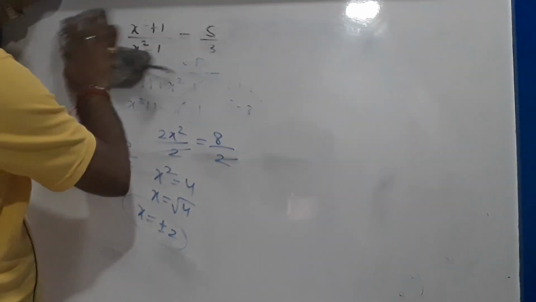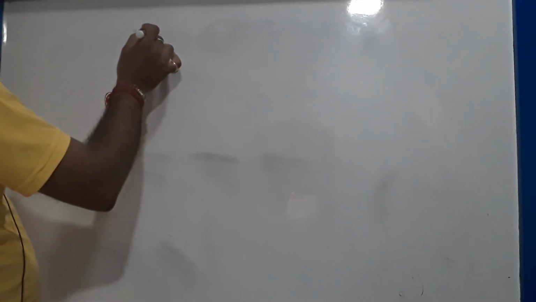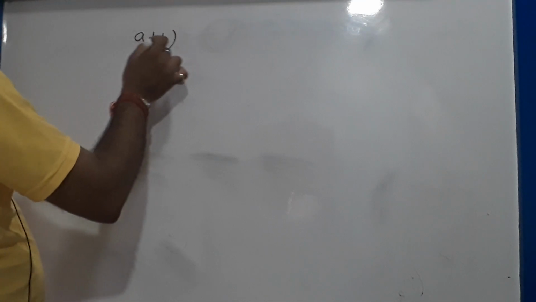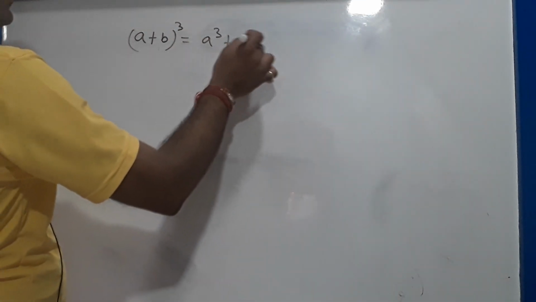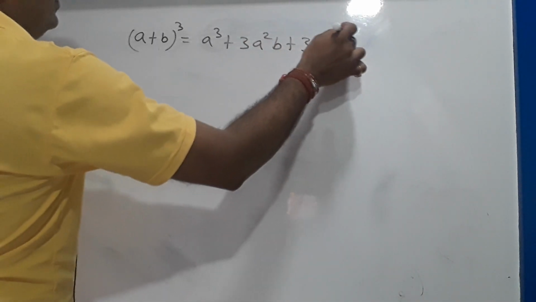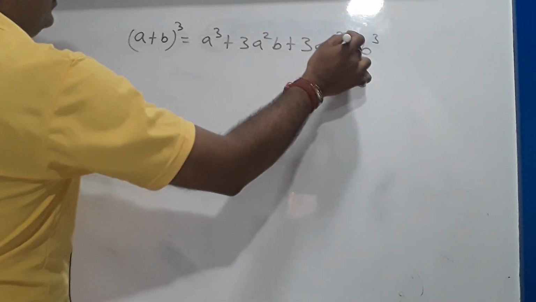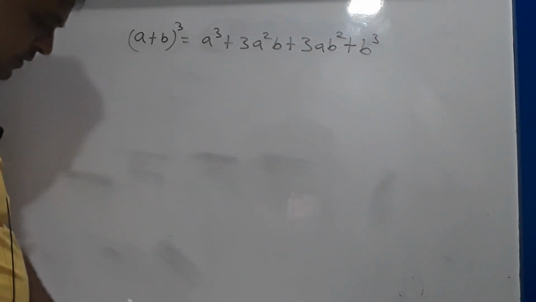Remember those results, formulas which we are going to come across. a plus b whole cube will be a cube plus 3a square b plus 3ab square plus b cube. This basic result we are going to write.